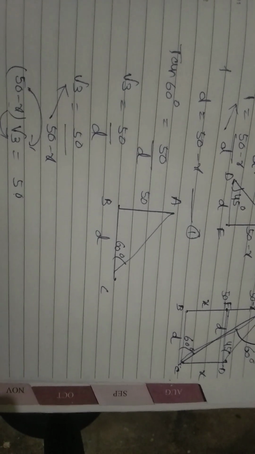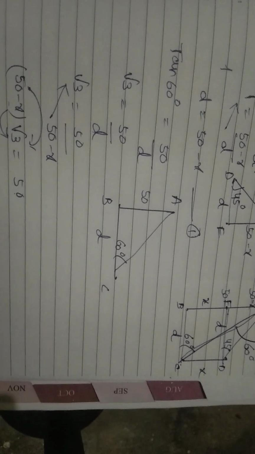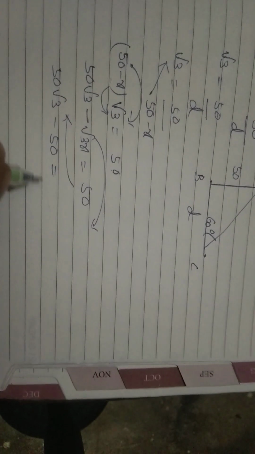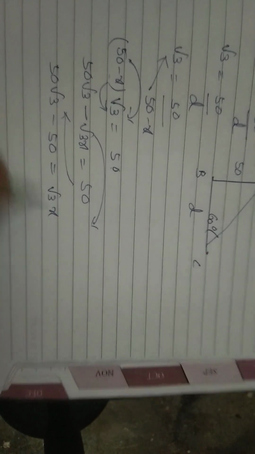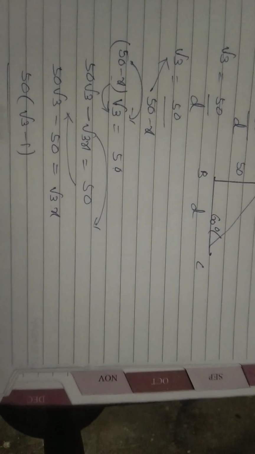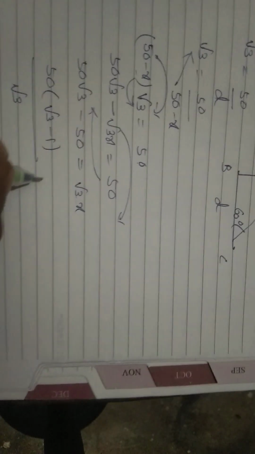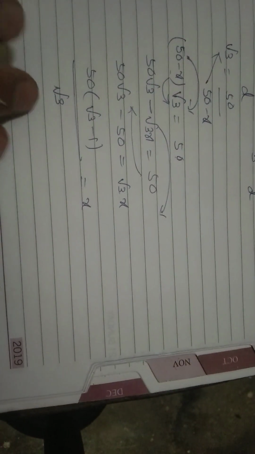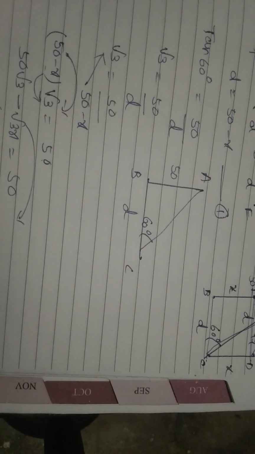So 50 root 3 minus 50 is equal to root 3x. Here I can take 50 common, 50 into root 3 minus 1, divided by root 3 is equal to x. So what is the height of the building? 50 into root 3 minus 1 by root 3 meters. This is the height of the building. Okay children.